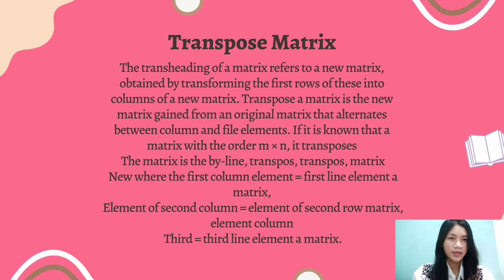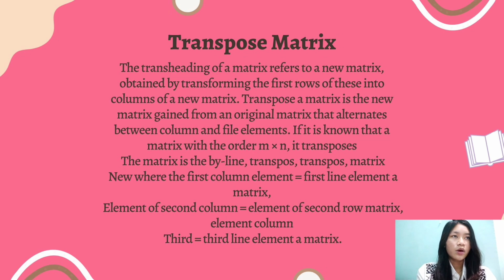First, about transpose matrix. The transpose of a matrix refers to the new matrix obtained by transforming the first row of the matrix into the first column of the new matrix. The transpose matrix is the new matrix gained from an original matrix that alternates between column and row elements.